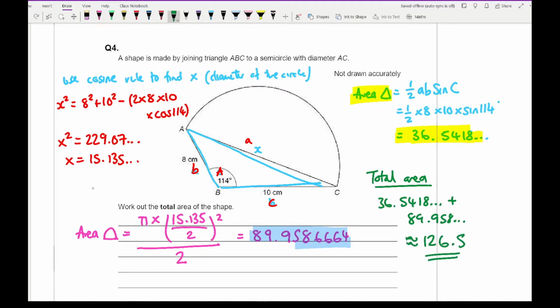Now, I've used the exact values, so if you find your answer is, let's say, 126.54 or 126.48, you still might get marks, because there's rounding. You just need to look at the mark schemes to see whether you would get that final answer mark. That would be our final answer. I just need to write the units, and that is centimetres squared.